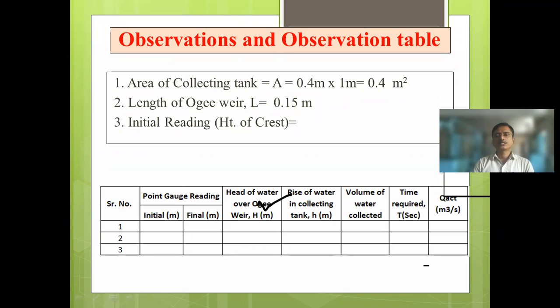Next, rise of water in the collecting tank, then volume of water collected and time. These are the observations for finding Q actual. Last column, Q actual, meter cube per second.